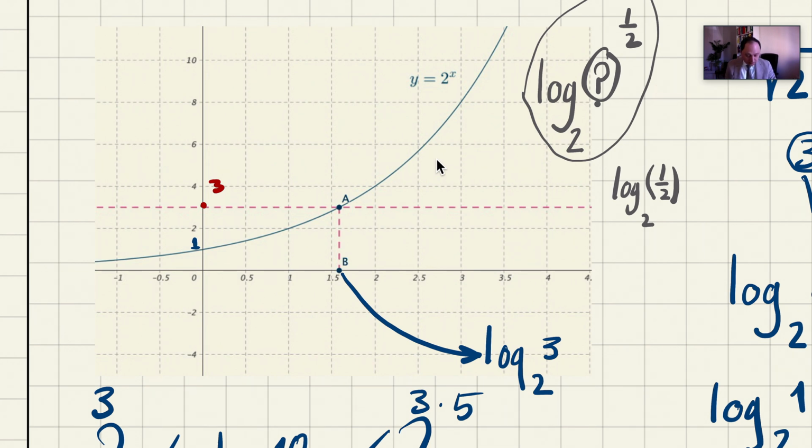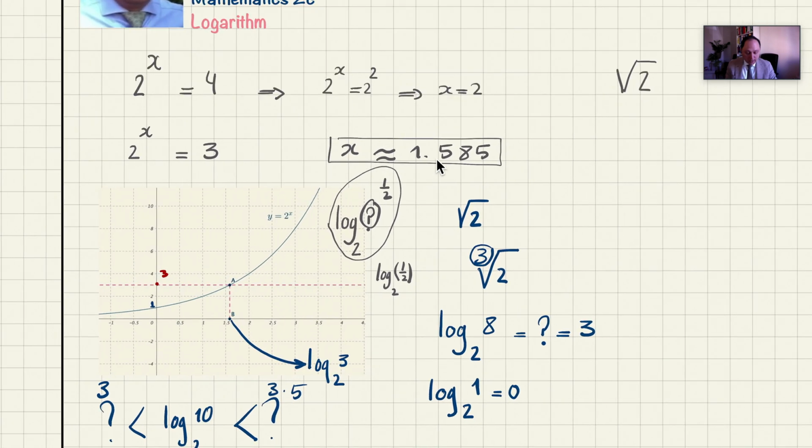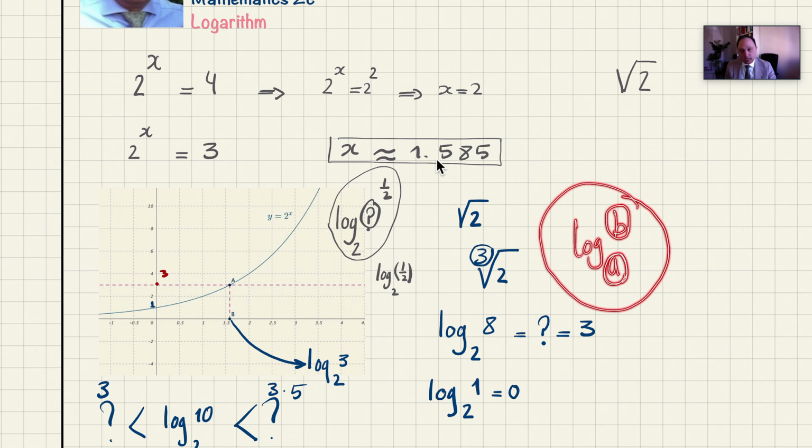So my point is that if I write a logarithm, log of b in base a, I am not allowed to put a negative number here, I am not allowed to put 1 here, but it is completely okay if the output is a negative number. This can happen.